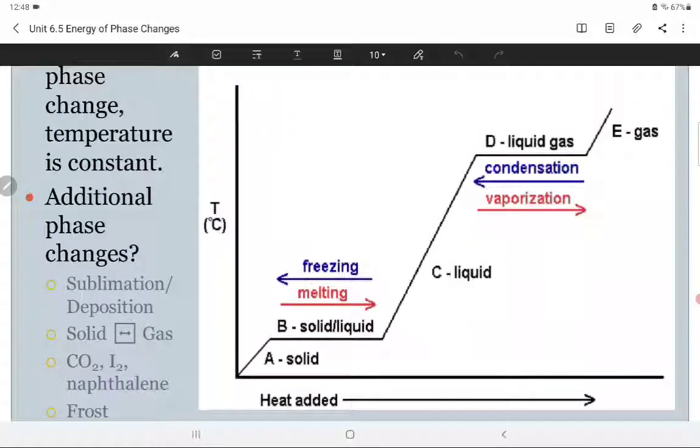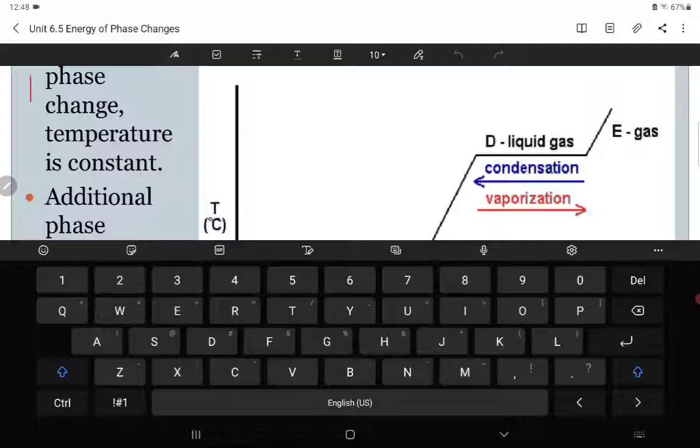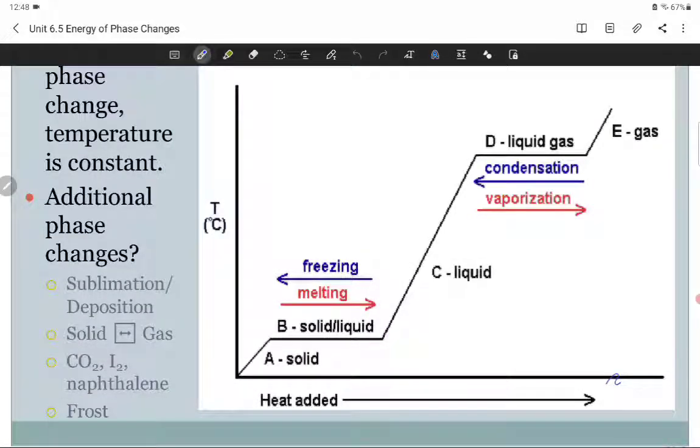So here is temperature versus heat. Heat could be in joules or kilojoules, and so forth. Doesn't really matter what the unit is, but it's interesting here.